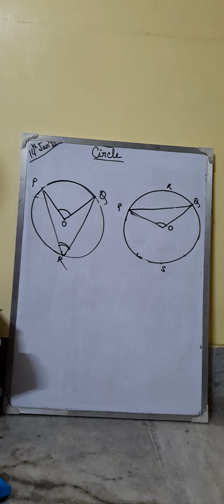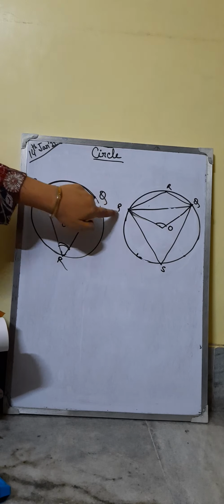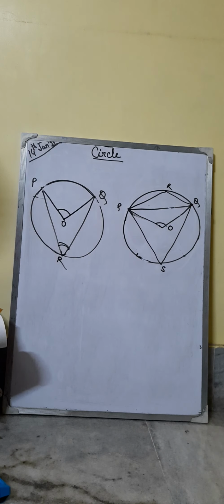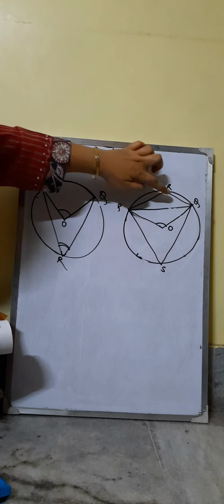Okay, so PRQ and PSQ are the angles subtended by the chord. For this chord, what is it? PQ. And for this also the angle is made by the chord PQ. So for R it is for the minor arc, and for S it is for the major arc.